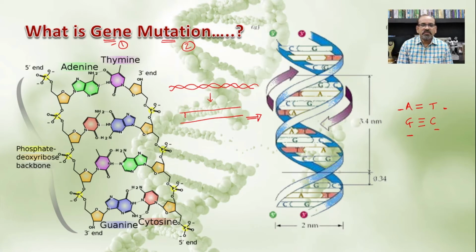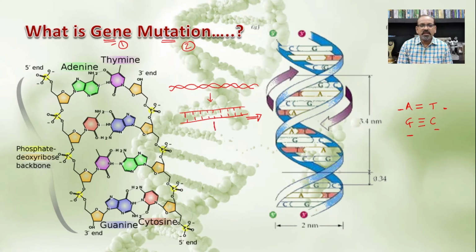So, there are such types of hydrogen bondings in between the two DNA strands. Means if we know the sequence of nitrogen bases on one strand, we can easily identify the sequence of nitrogen bases on the other strand.